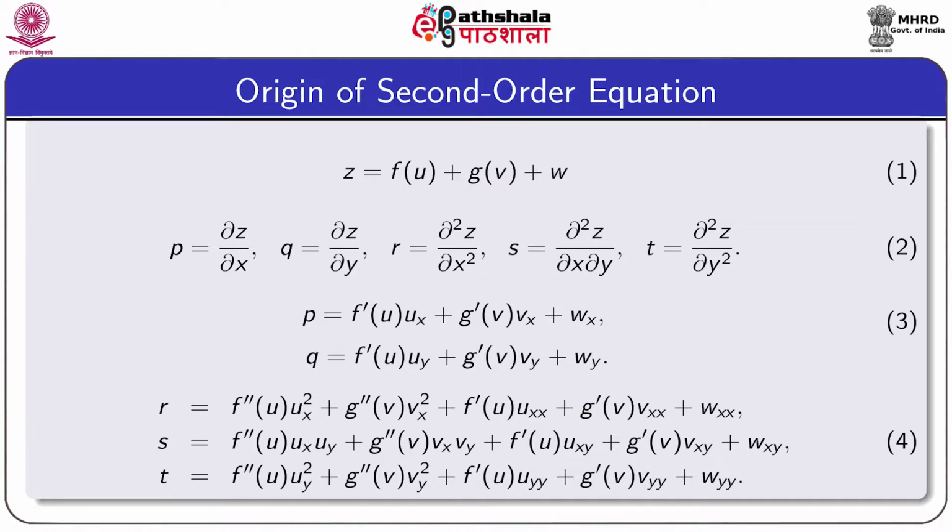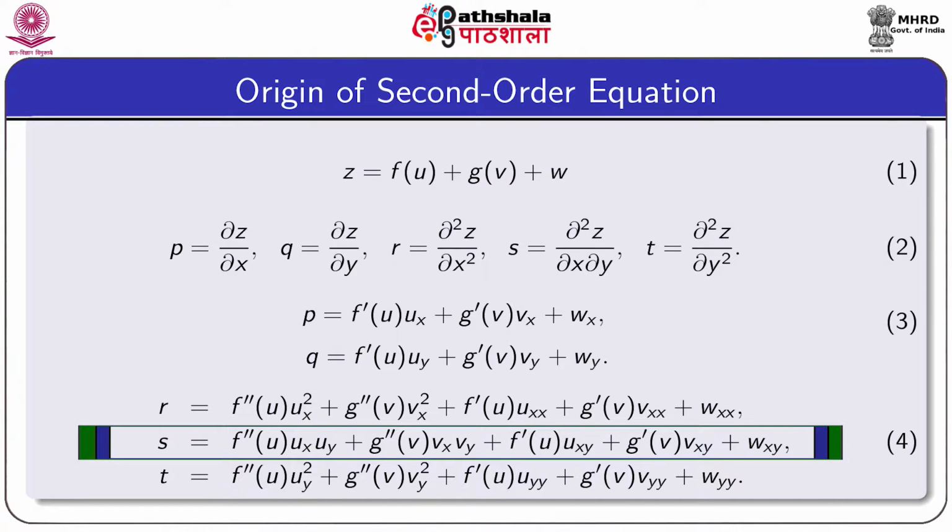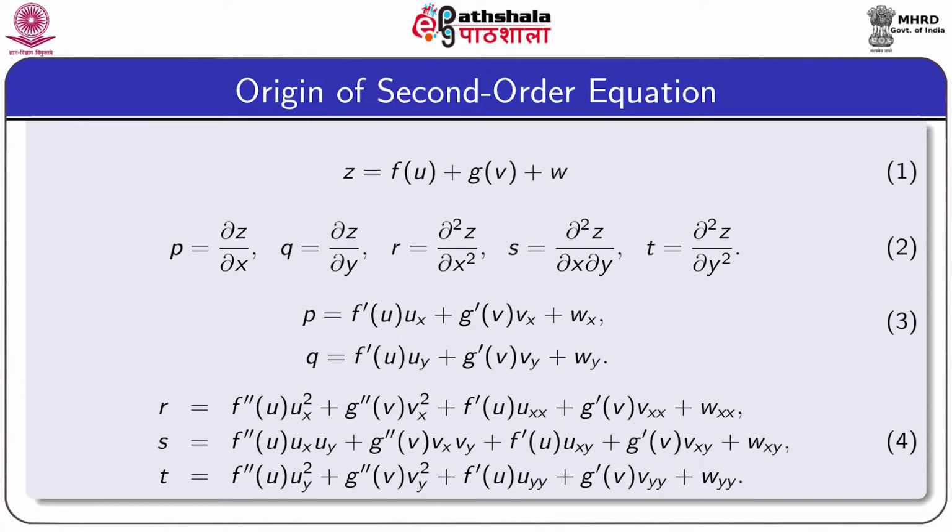If we take the derivative with respect to y of the equation p equals f dash u u x plus g dash v v x plus w x, we obtain the equation s equals f double dash u u x u y plus g double dash v v x v y plus f dash u u x y plus g dash v v x y plus w x y.